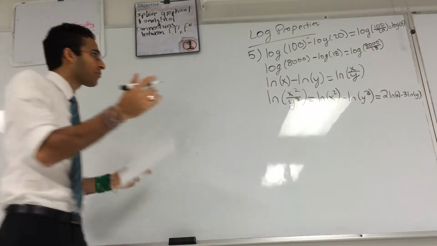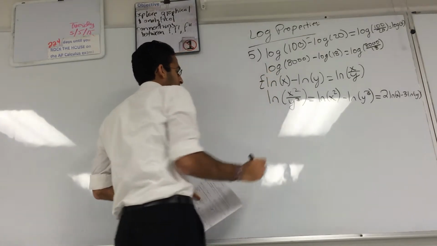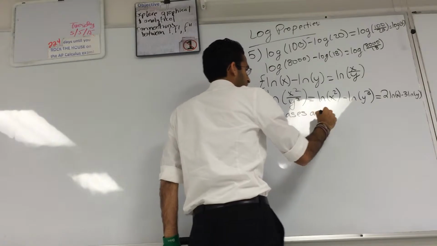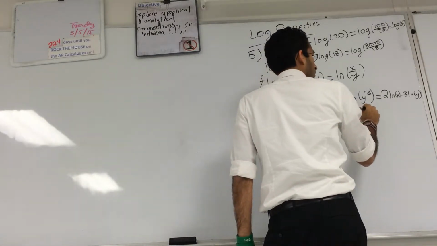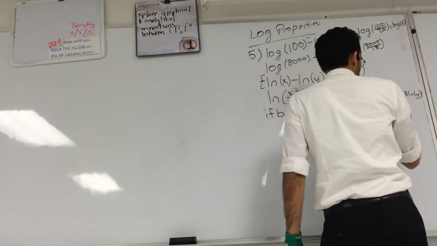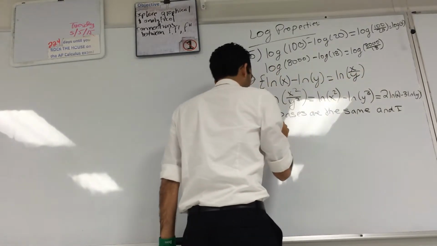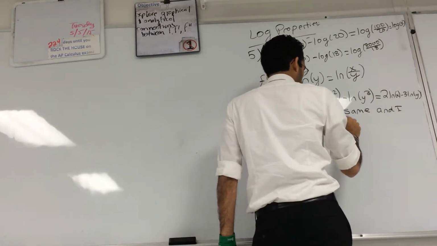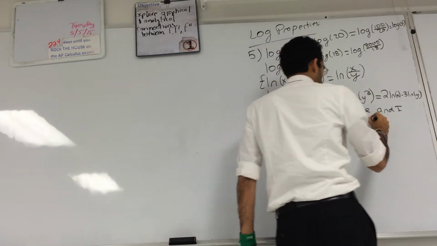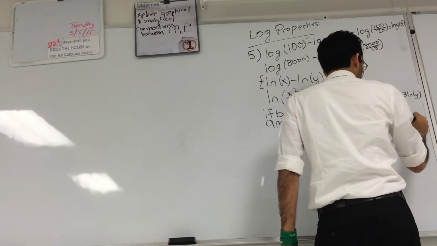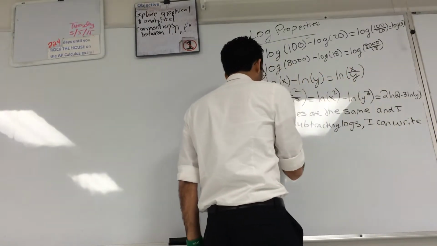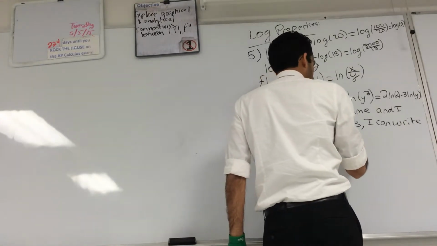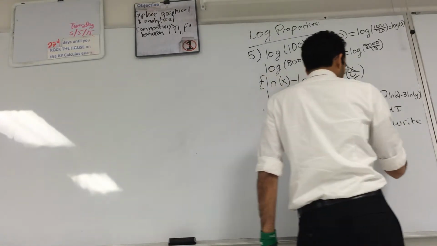In the most basic form, this is the rule we're talking about. If the bases are the same, and I am subtracting logs, I can write one logarithm and divide the arguments.